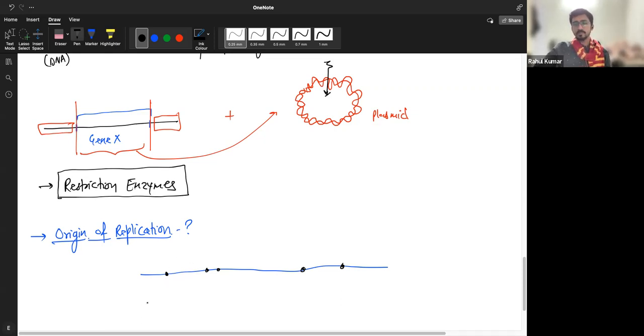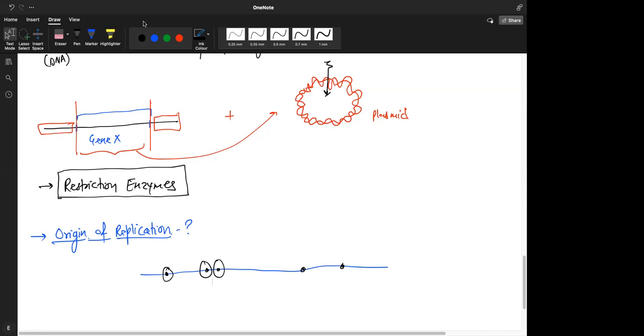Origin of replication is nothing but a DNA sequence itself. These regions are very important because the origin of replication is the point where the whole replication machinery will begin from. Okay, you understand?